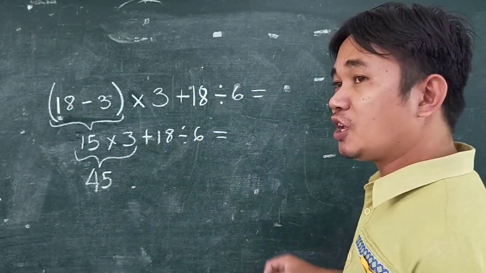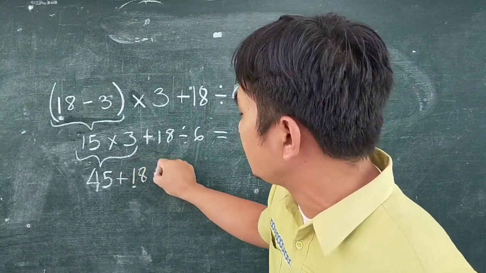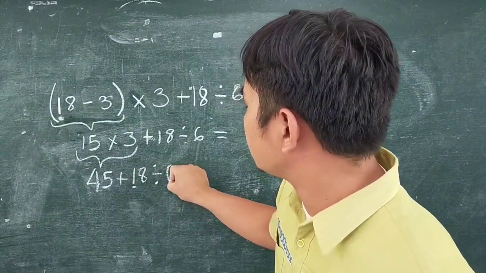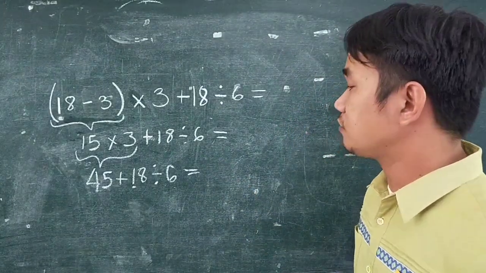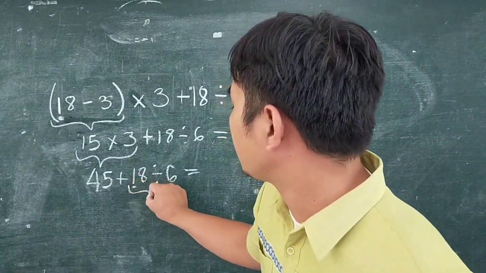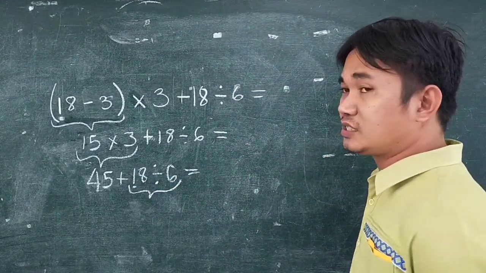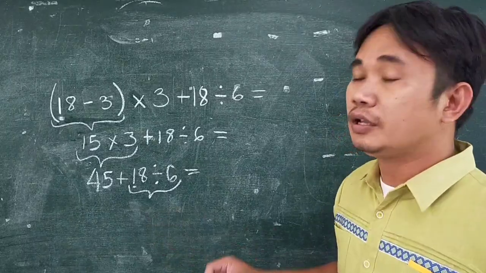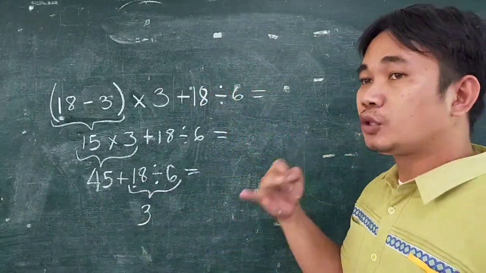Copy the remaining operation and numbers, plus 18 divided by 6. What operation will be done next? Yes, very good. It's division. So, in that 18 divided by 6, that is equal to, very good, 3. 6, 12, 18.